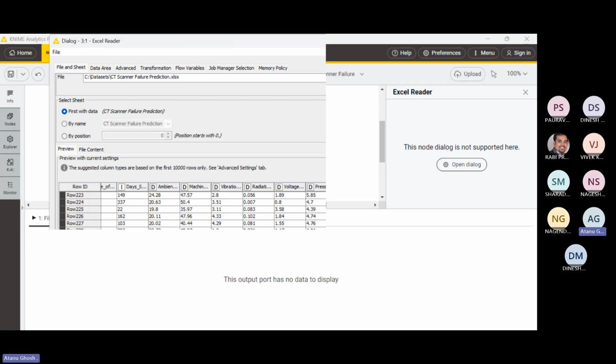Then you figure out whether radiation really has an effect on the machine failure. That is where the p-value comes in, where you are validating your assumption that radiation has an impact on machine failure, and it either really has an impact, or it doesn't.